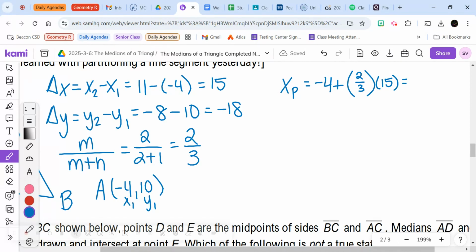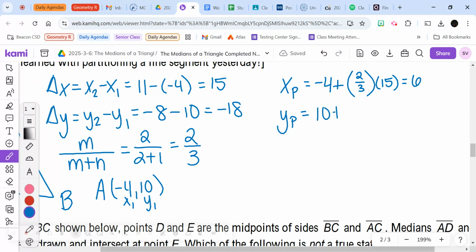Okay, let's plug that into our calculators. So we've got negative 4 plus the 2/3 times 15. And we've got 6 as our answer. So equals 6. And then now following the same format for y, I'm going to take the y value of my first coordinate, which is 10.